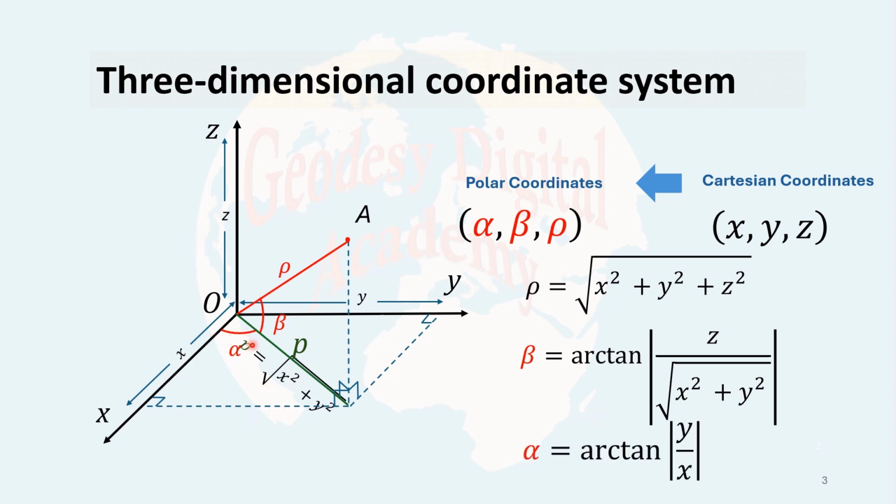So tangent of alpha is the side in front of alpha over the side which is next to it. And if I take arctangent or tangent inverse, I can come to angle alpha. That's the way to convert Cartesian to polar and polar to Cartesian coordinates in a three-dimensional coordinate system.